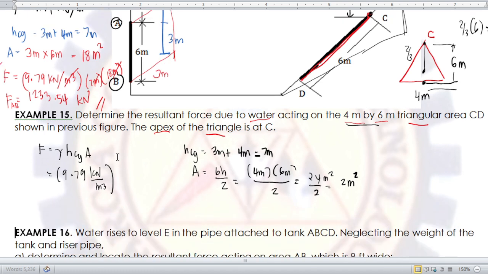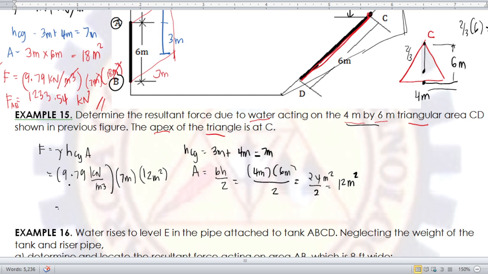Okay? So substituting, class, our values here, we have 7 meters times 12 square meter. Okay? So using your calculator, we have 9.79 times 7 times 12.